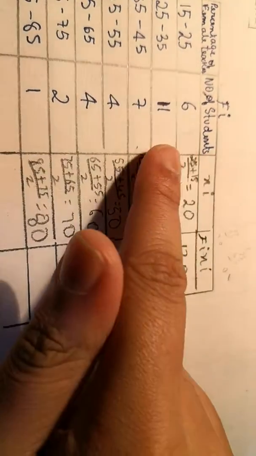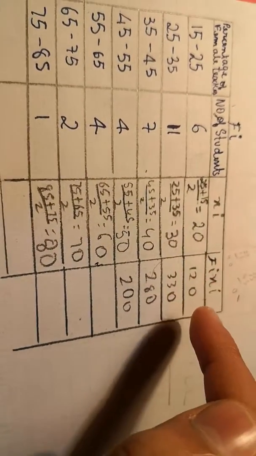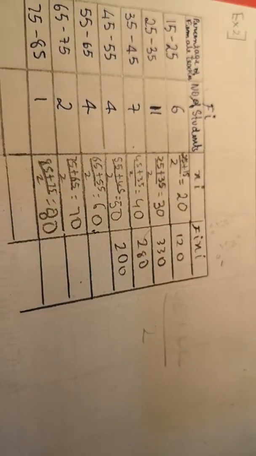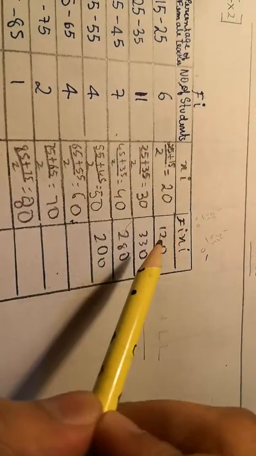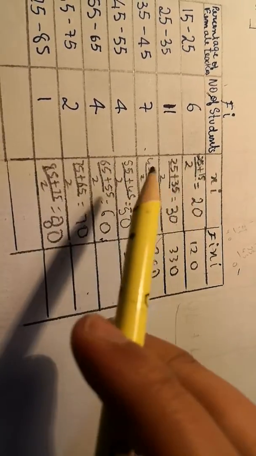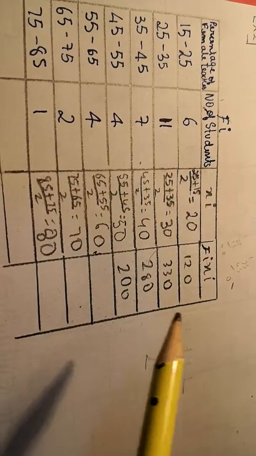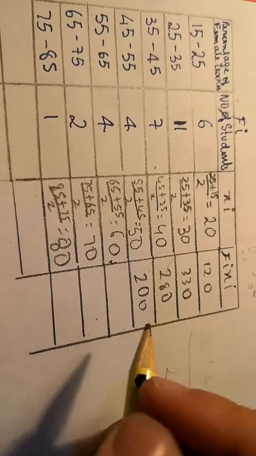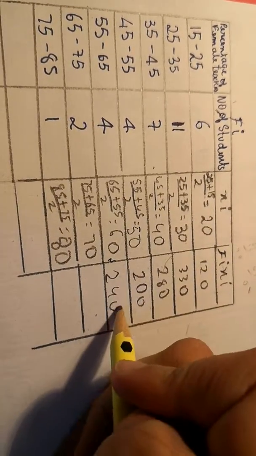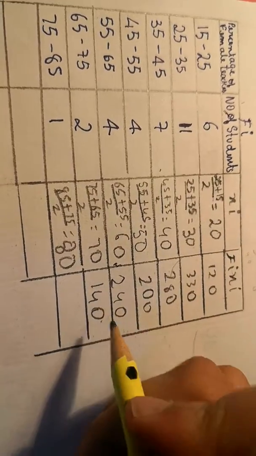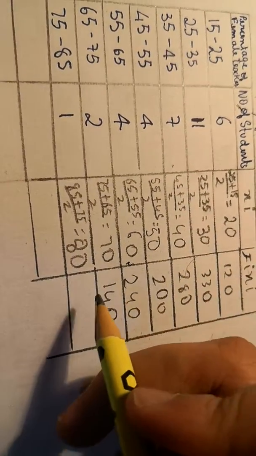So 20 into 6 is 120, 30 into 11 is 330, 40 into 7 is 280, 50 into 4 is 200. Now 4 into 60 gives 240. 2 into 70 gives 140, and 80 into 1 gives 80.